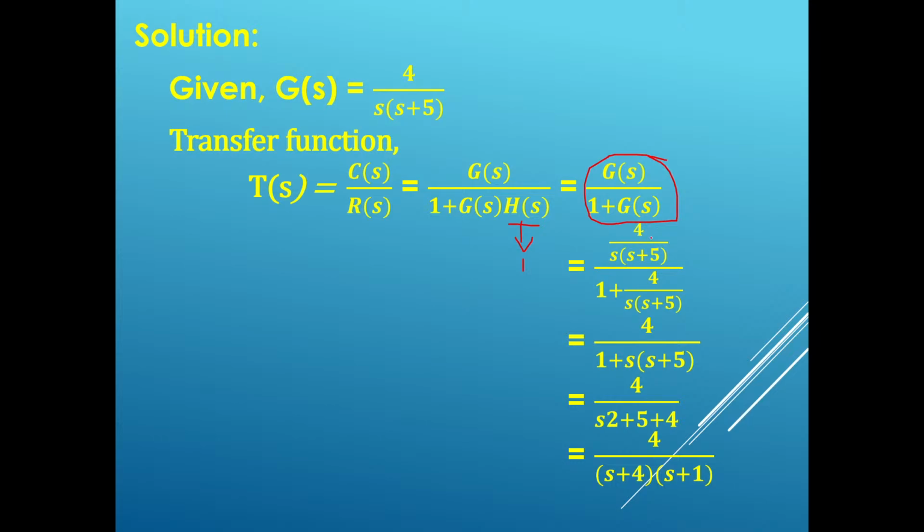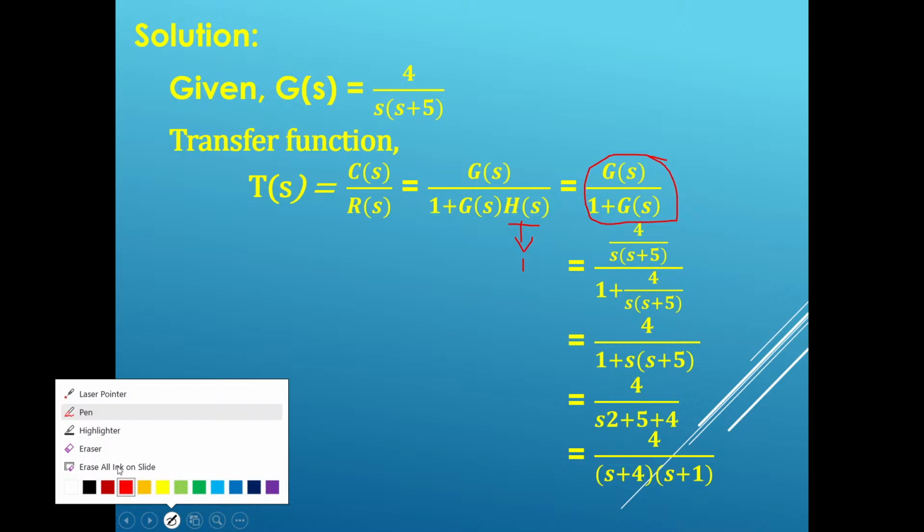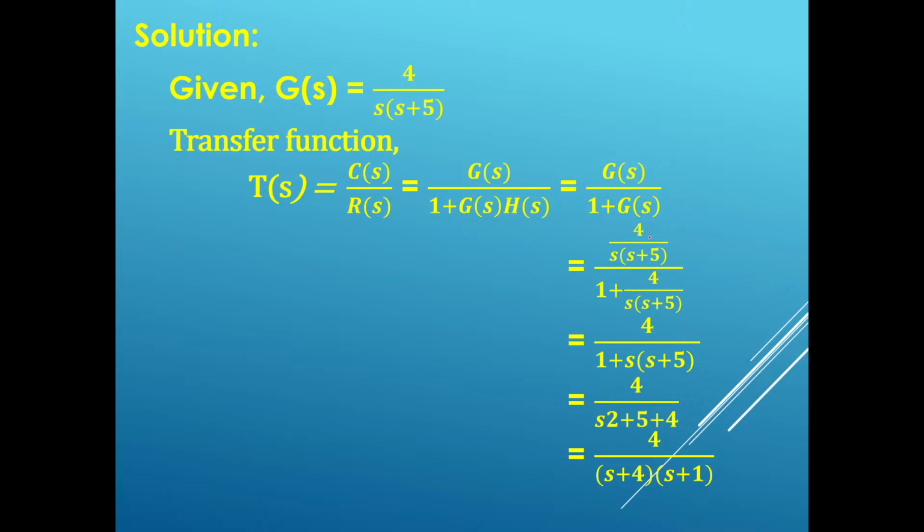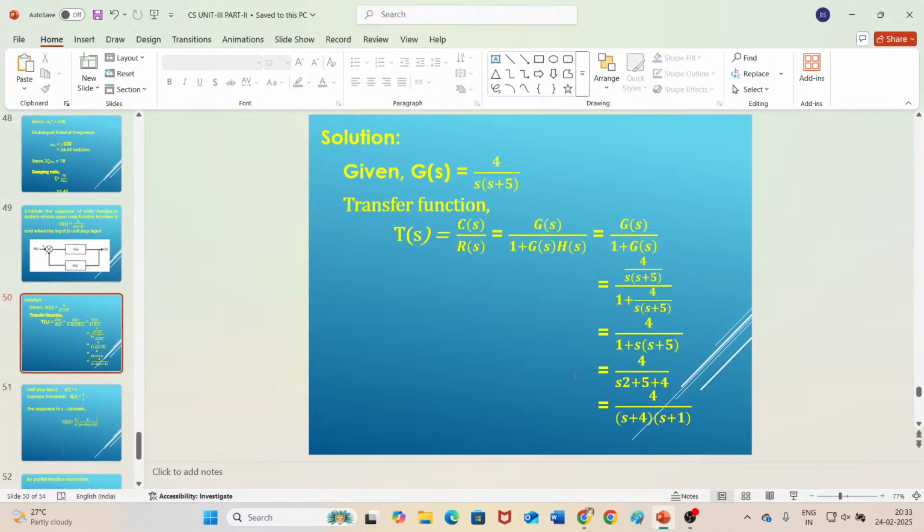What is G of S? 4 by S into S plus 5, divided by 1 plus 4 by S into S plus 5. Just simplify it. If you simplify it further, you will get 4 divided by 1 plus S into S plus 5. Here S into S plus 5 is there. Just multiply it and you should get S square.